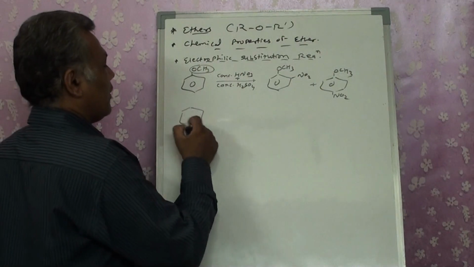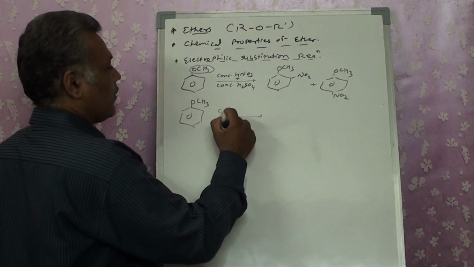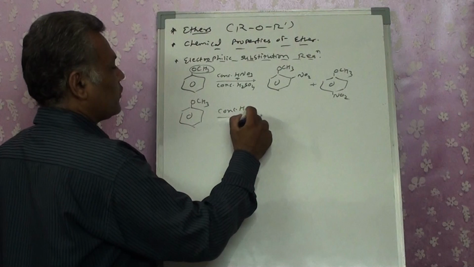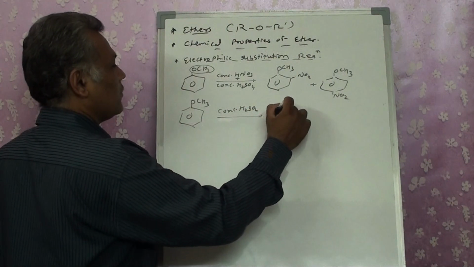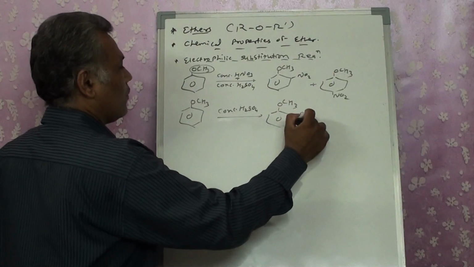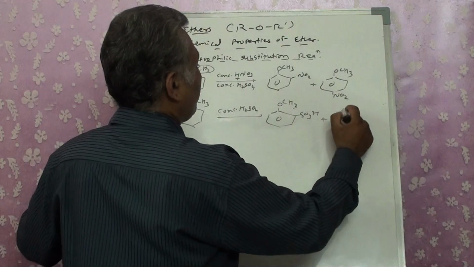Similarly, if we go for sulfonation by using concentrated H2SO4, the product we get is ortho plus para.